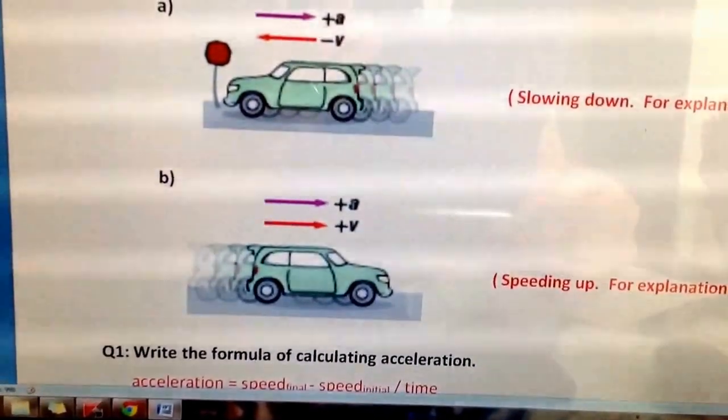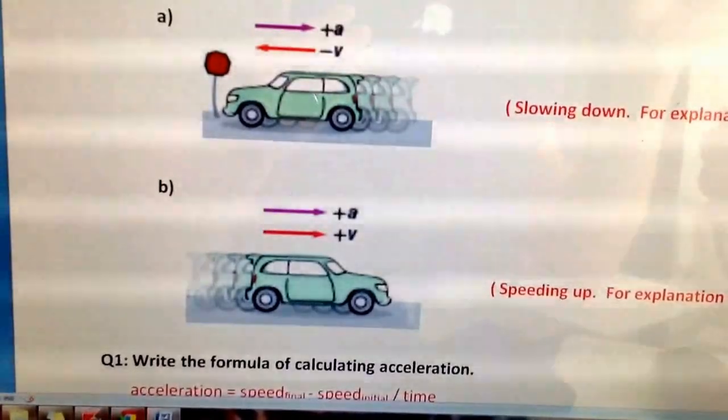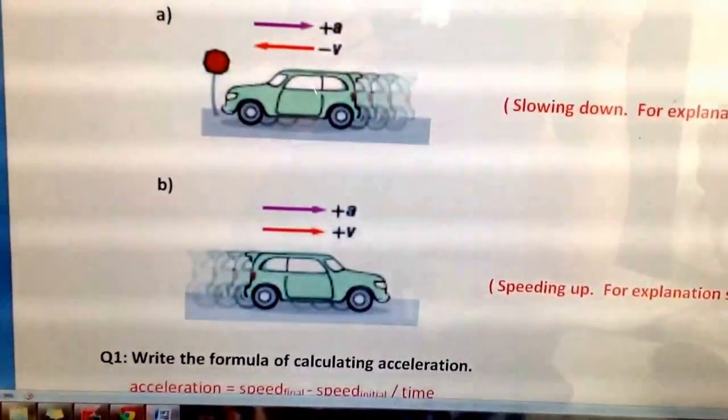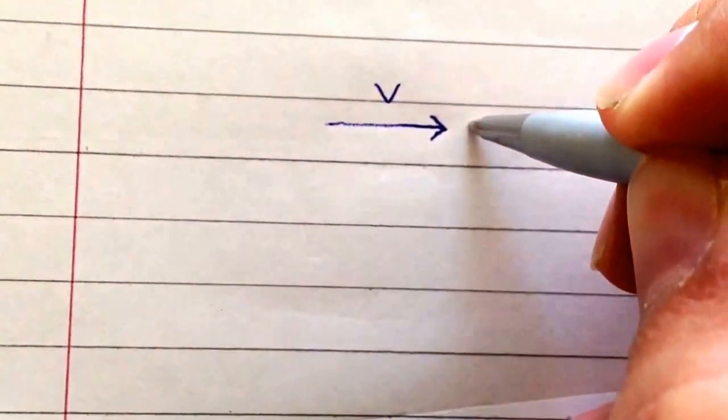The trick is this. Let's say the velocity is in one direction, and if it's in this direction, we can say it's positive.